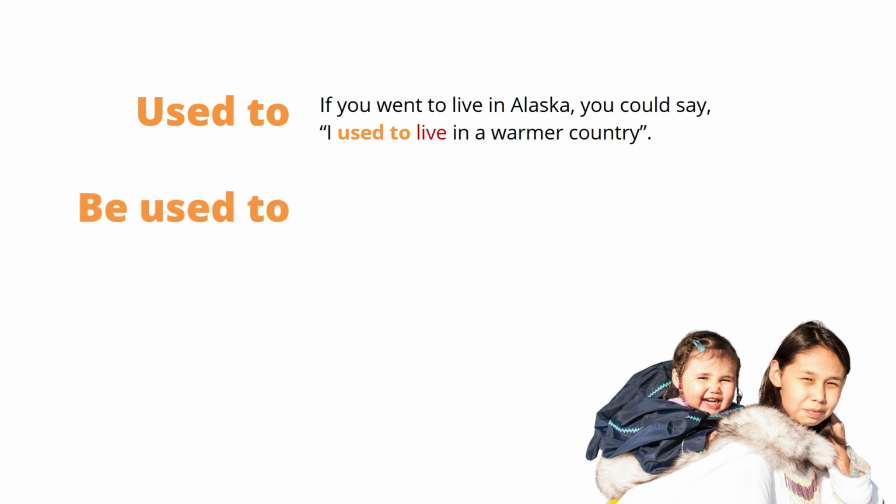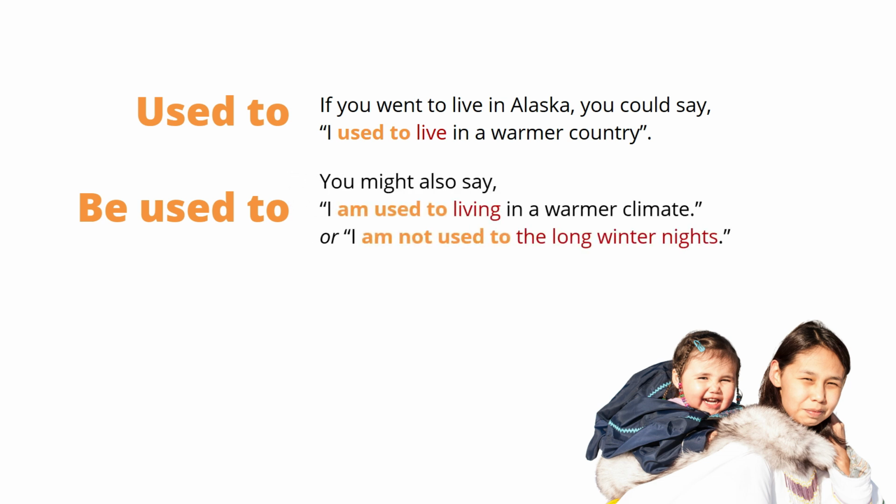Be used to is about being accustomed to something. So you might use sentences like, I am used to living in a warmer climate. You see the difference there between I used to live and I am used to living. The first one is showing the contrast between the past and the present. The second one is talking about being accustomed to something.